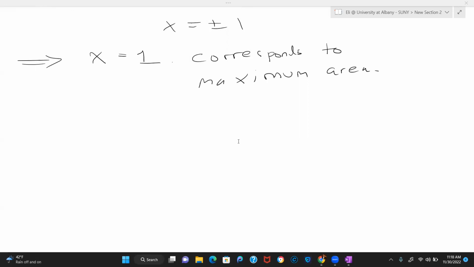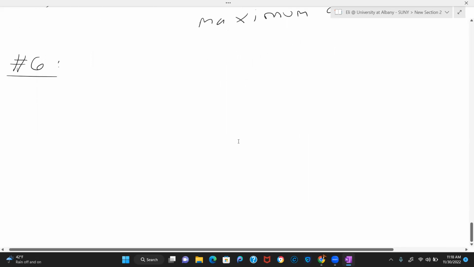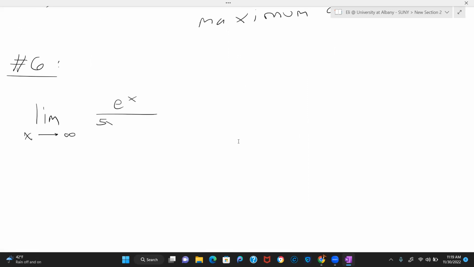All right, so we're on number 6 now. For this one, we need to use L'Hopital's rule to evaluate this limit. So we're taking the limit as x goes to infinity of e to the x over 5x plus x e to the x.